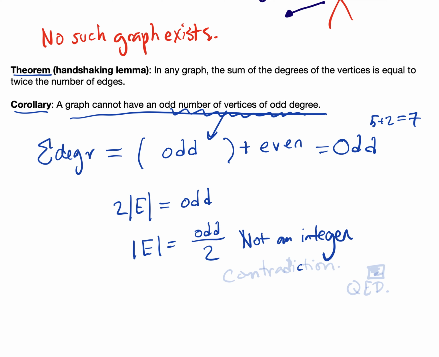However, we can't have a non-integer number of edges, and this is a contradiction. So we have just done a proof by contradiction that a graph cannot have an odd number of vertices of odd degree. And again, we finish that proof with a little square or a little QED.